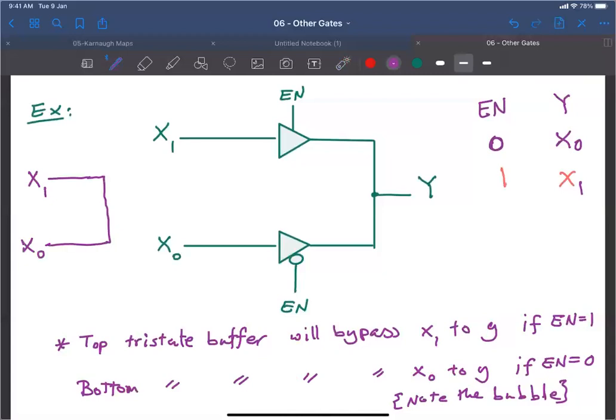Both of them, if enable is 1, are going to be connected. And this is my y. Let us suppose for the sake of discussion that x1 is logic 1 and x0 is logic 0. What happens now?